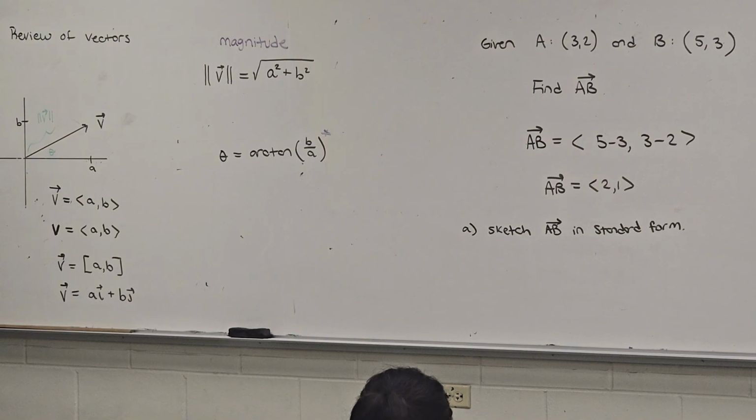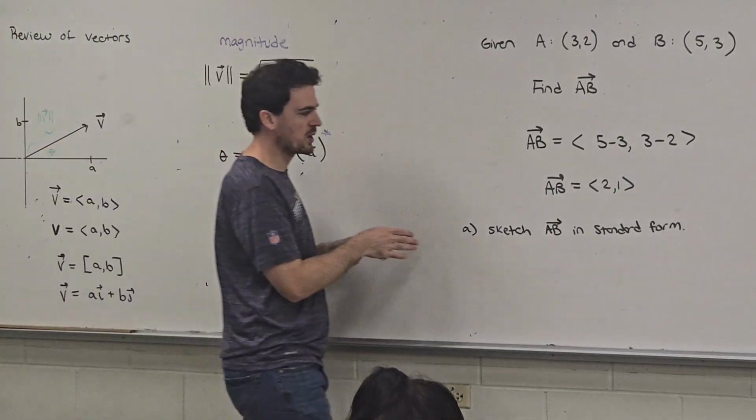So this first question wants me to sketch the vector AB in standard form. Again, standard form meaning you start at the origin and end at some point.